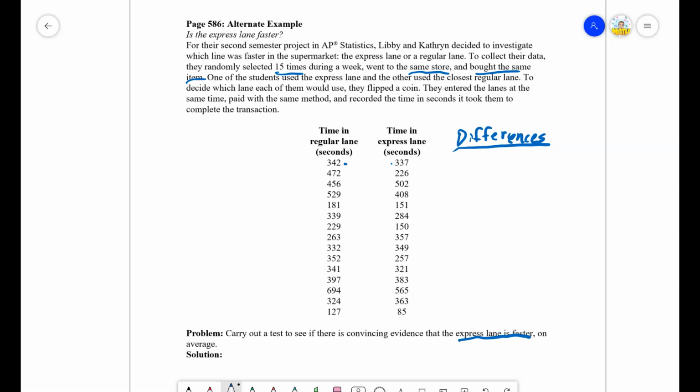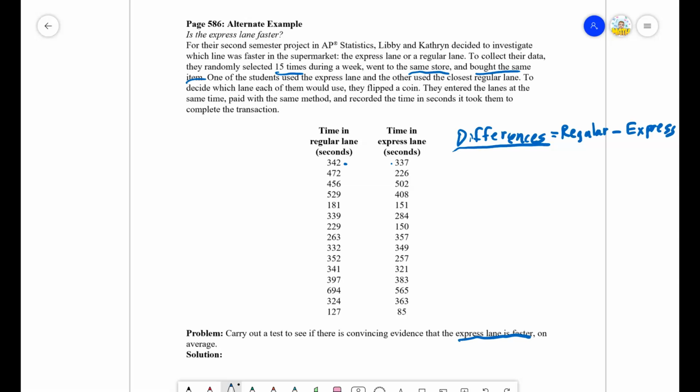Okay, so if the express lane is faster, my differences are going to be, let's just do it this way, regular minus express. This is going to be important. If I subtract them, this is a one-tailed test because they're trying to see if it's faster, not just different from.